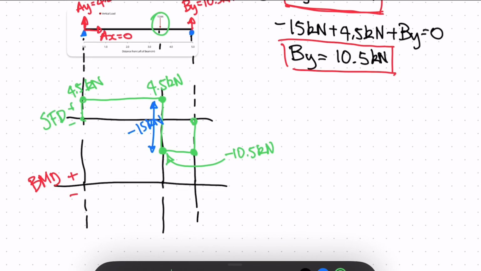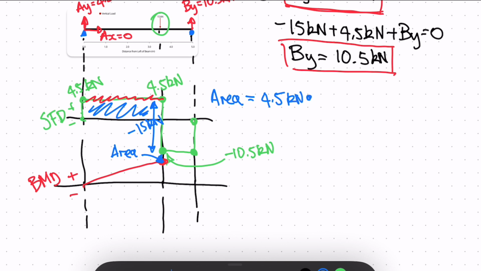So what we know is because we have a constant shear force here, our bending moment diagram will constantly increase until this point. So what is this point? It is the area of this. So the area of our shear force is 4.5 kilonewtons multiplied by this distance, 3.5 meters, and we'll get 15.75 kilonewton meters.